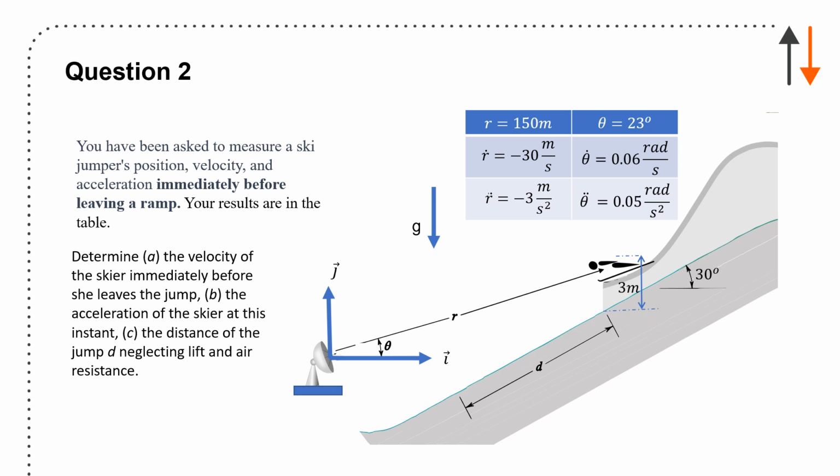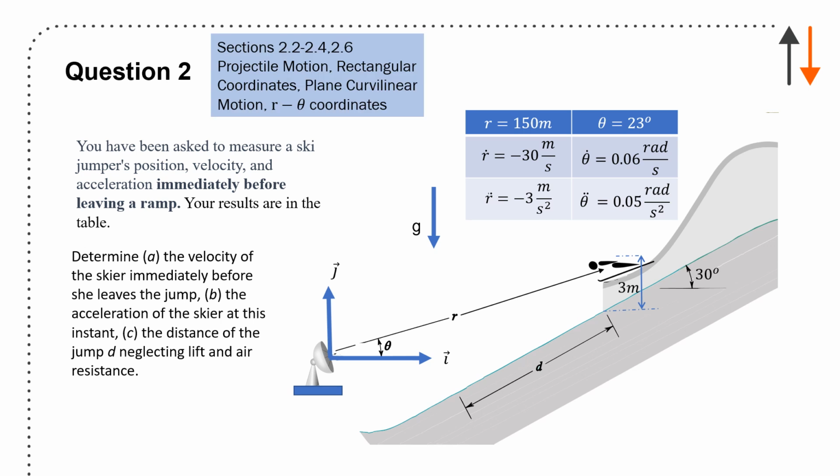Determine the velocity of the skier immediately before she leaves the jump, the acceleration of the skier at this instant, so still attached to the ramp, and the distance of the jump d, neglecting lift and air resistance, which is a common issue. This is sections 2.2 to 2.4 and 2.6: projectile motion, rectangular coordinates, plane curvilinear motion, and r theta coordinates.